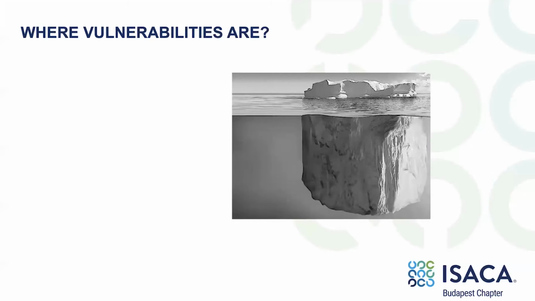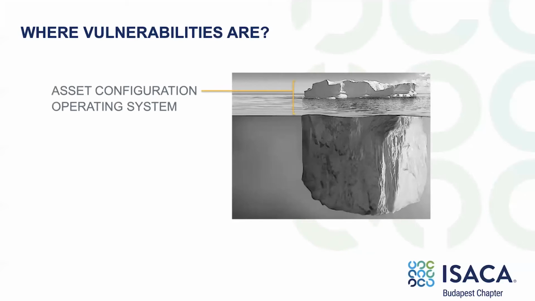And when we have the whole inventory, the next step will be the identification of vulnerabilities. But the question is where to look for them. Some locations or ways are more obvious, like asset configuration.